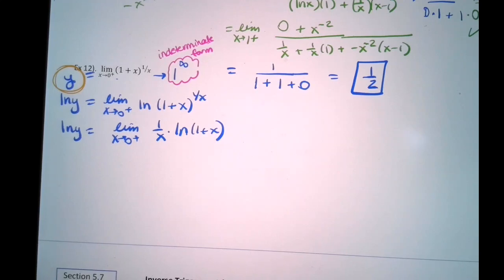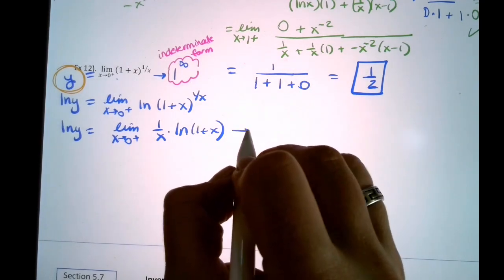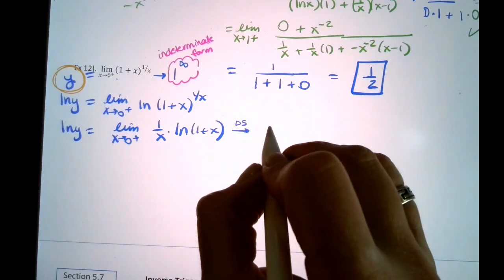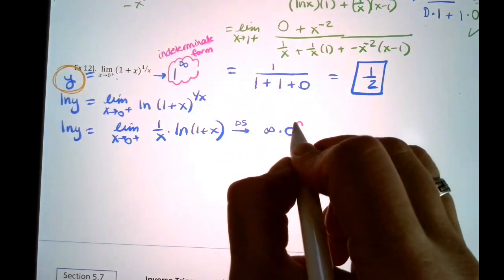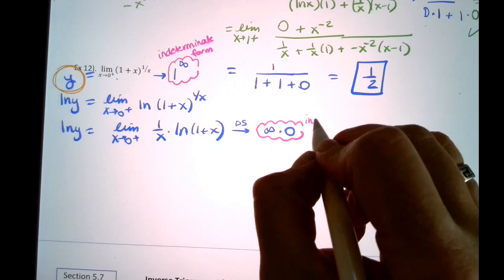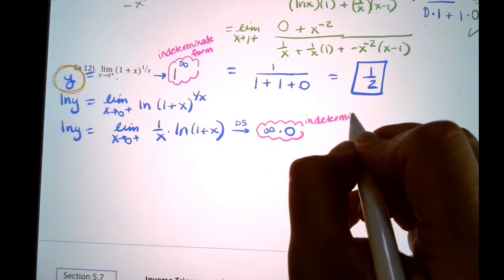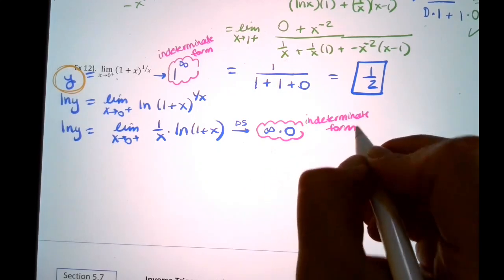If I directly substitute over here on the right, I end up with an equally terrifying result. I end up getting infinity times 0, which, if you're paying attention, is another indeterminate form. It's better than the one we started with.